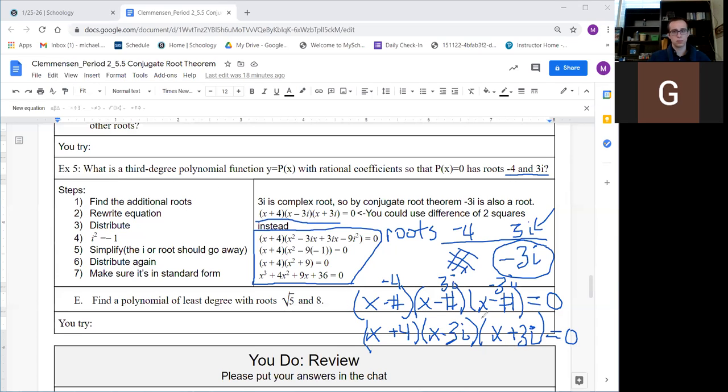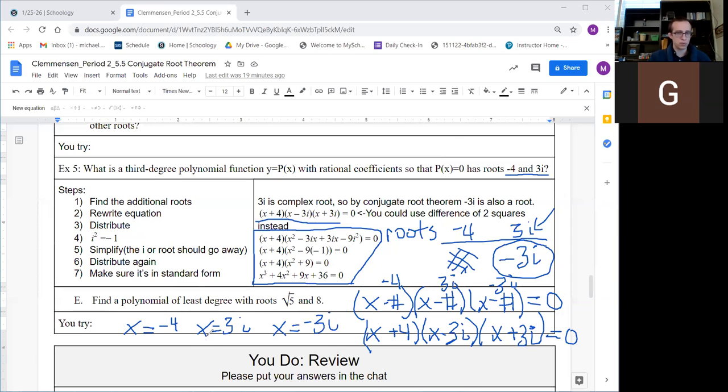So again, there's another way kind of to think about this. If you don't like this plug-in number thing, you can set each one equal to x. So my first one will be x equals -4, because this is all it really means: to be a root of something means that x equals it in my equation. My next one is x equals 3i, and x equals -3i.